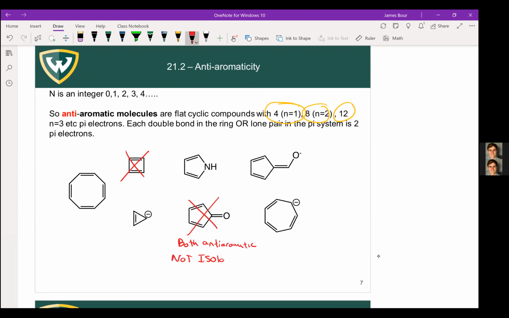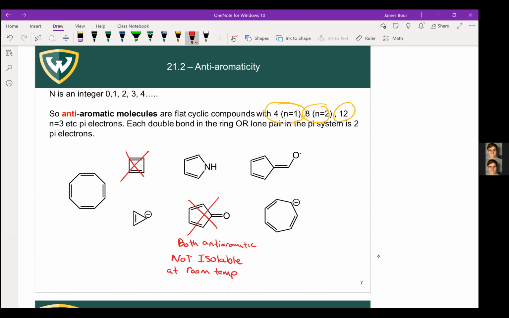That means you can't isolate them at room temperature. They do other reactions. You have to stabilize them in other ways to isolate them. So anti-aromatic molecules are underrepresented in our organic world that we live in.